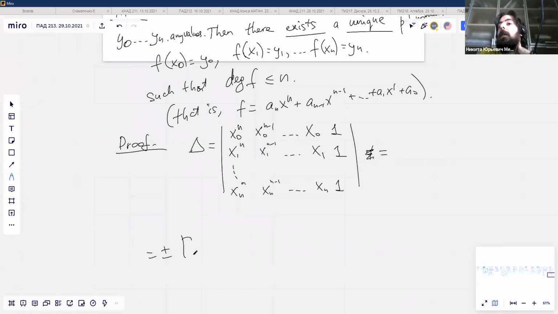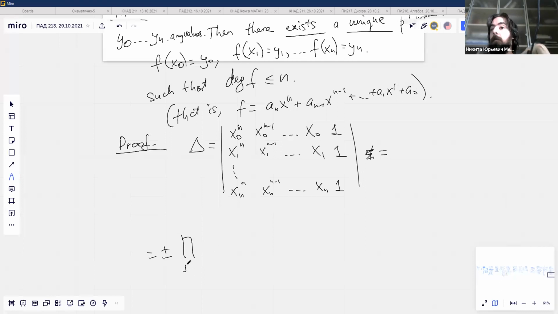So to make this into a Vandermonde determinant, you might need to transpose it and exchange some rows, etc. So the result is plus or minus the corresponding determinant. I'm not sure which one, but it doesn't matter.